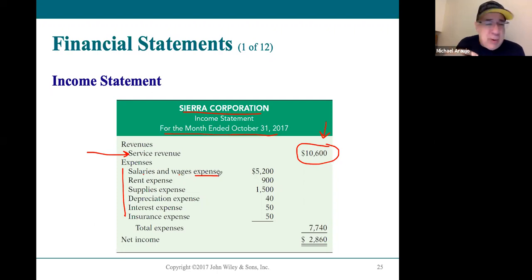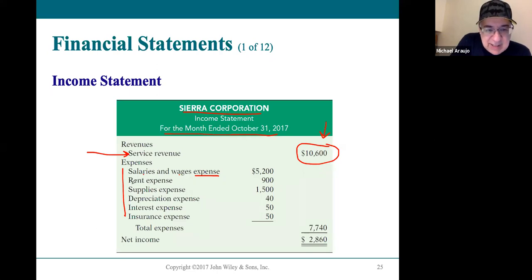We can't use the word miscellaneous because that's like a cop out. It's like miscellaneous. What did you use the money for? Can't you label it? That's how specific accounting has to be. We have to try our best to label exactly what we use the money for when we have these accounts.